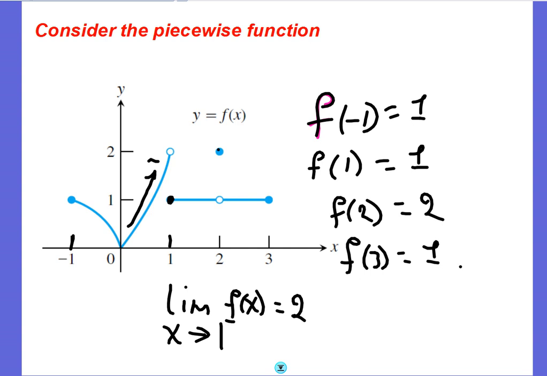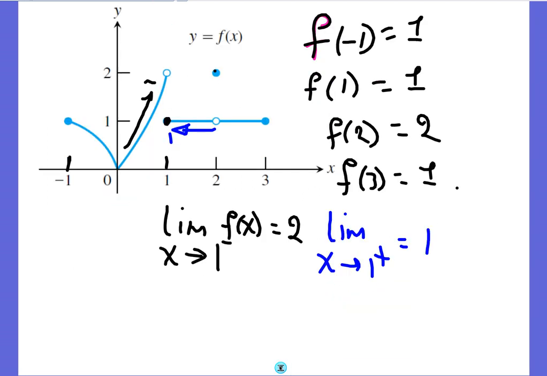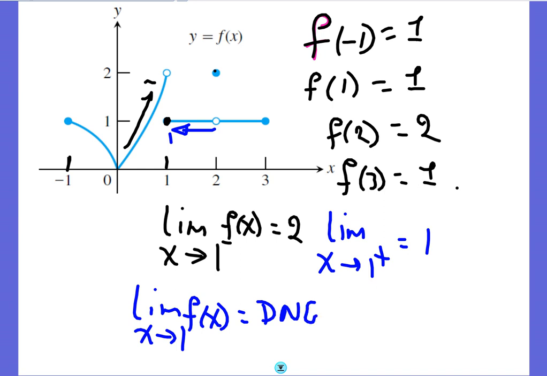That limit is 2. But the limit as x approaches 1 from the right side is this one, which is 1. That limit is 1. So we can say that the limit as x approaches 1 of f of x does not exist. Oh, sorry, I forgot to put f of x here.